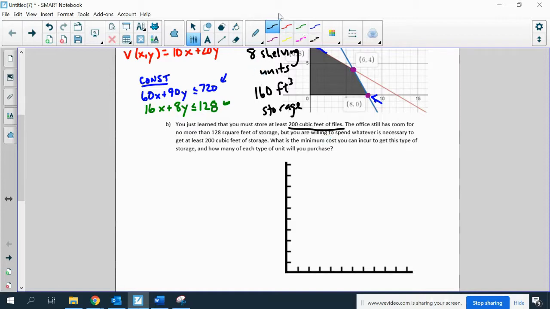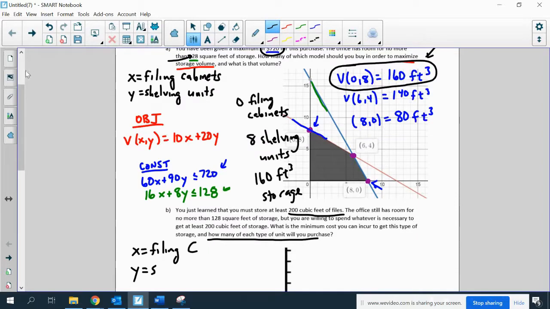So now, in order to figure this out, let's look at the question. We still want to have filing cabinets and, what's the other one? I forget. Shelving units.